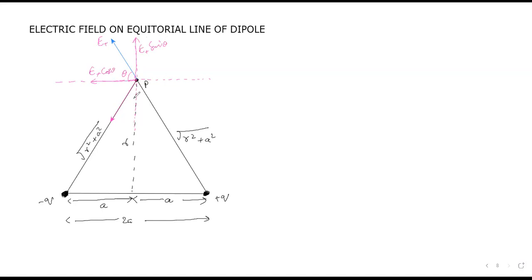Similarly, the field of the negative charge also makes theta angle from the horizontal. It will be E minus cos theta, and this axis will be E minus sine theta. Do you understand the components or not? Yes, sir. Note it down first, then we will try to solve it. Note it down fast.